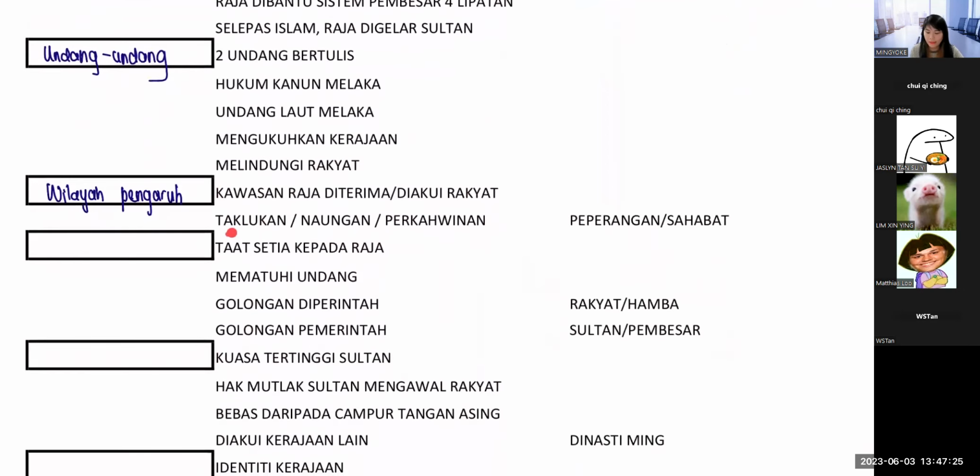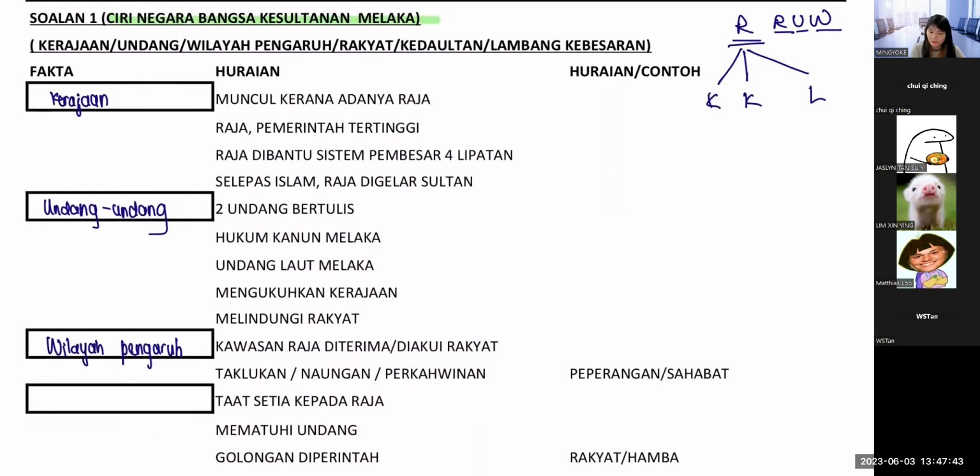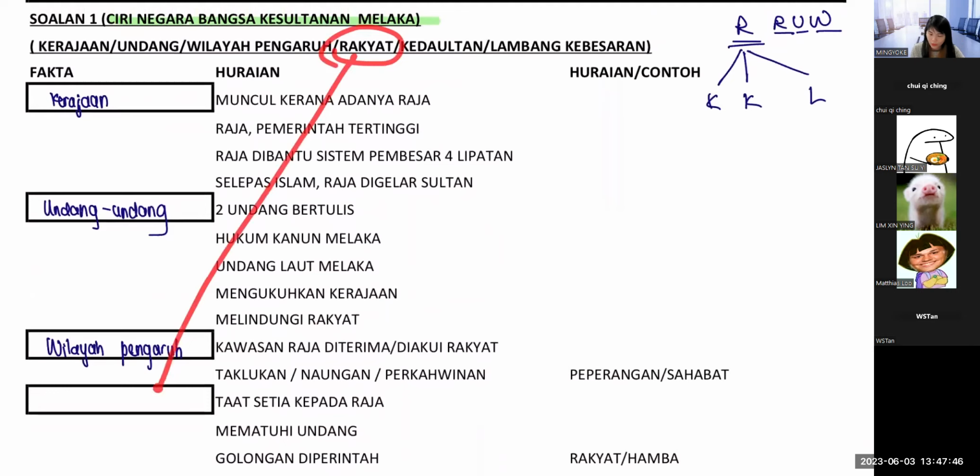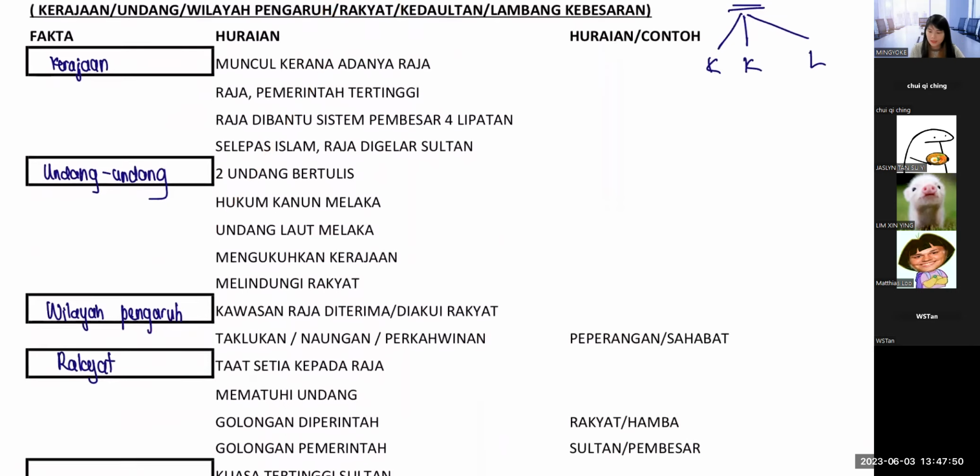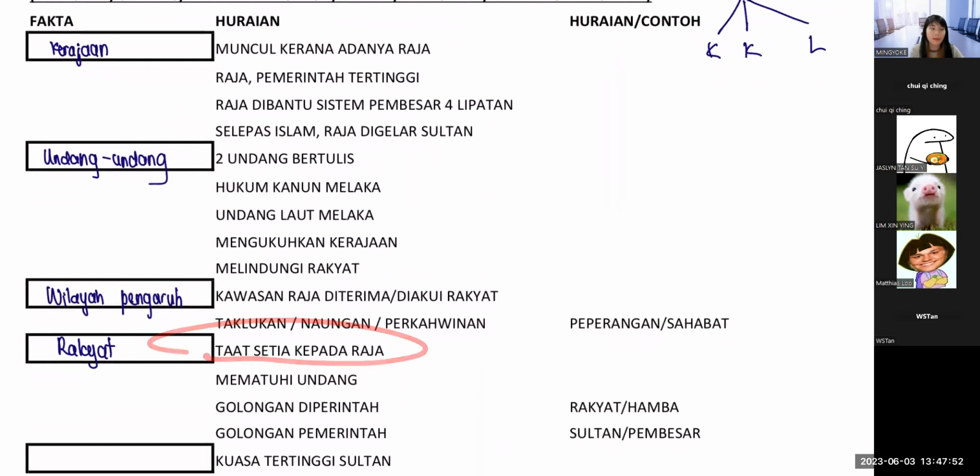If you are able to elaborate this one each further, this one is considered 1 mark. But no need lah. Okay. You know that taklukan means conquer. Naungan means that under Melaka protection. Perkahwinan means marriage. Okay, then after that we go into our rakyat. Rakyat is what? Must be loyal to the king.